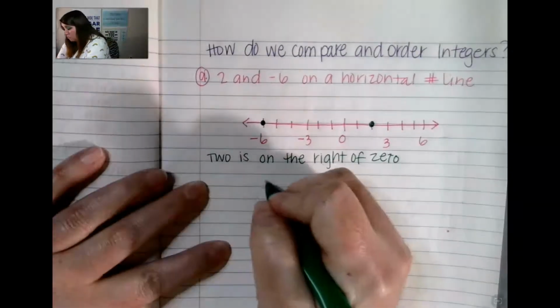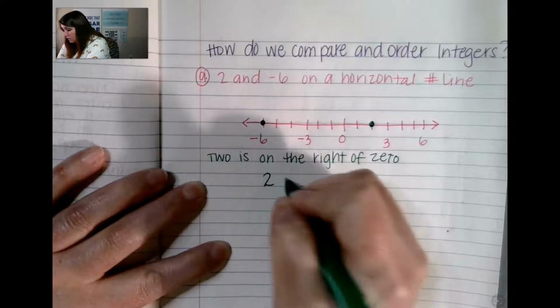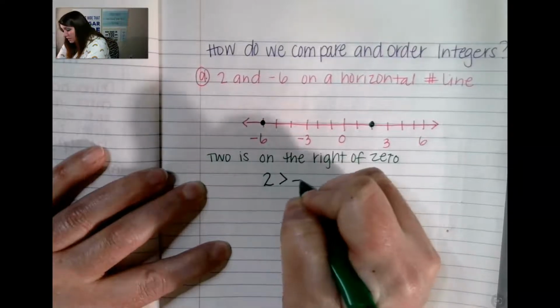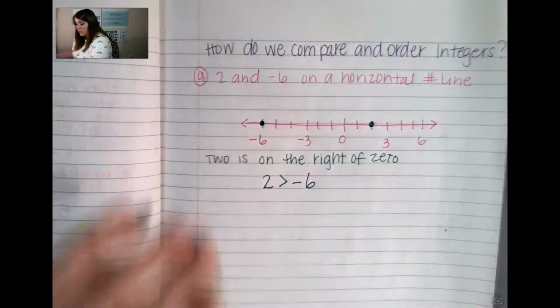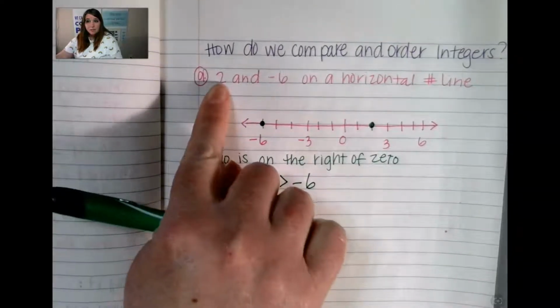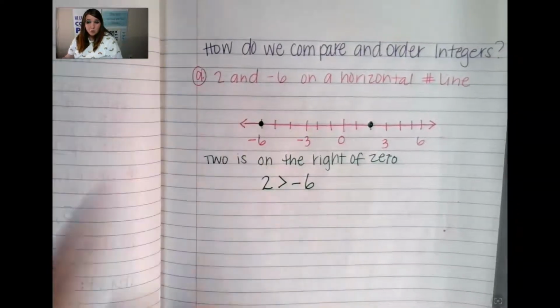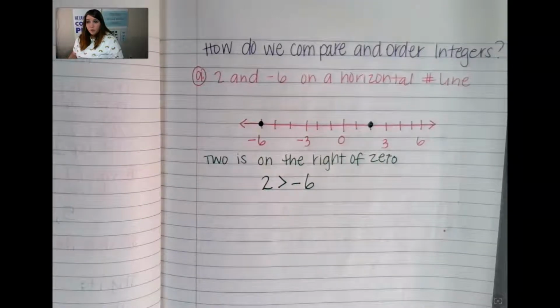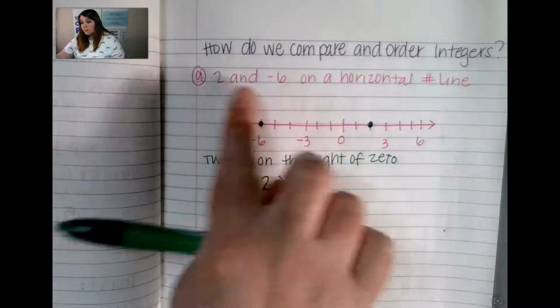So we would write it like this: 2 is greater than -6. And we would write the 2 first because it asked us to compare the 2 first. You could write this the other way and say -6 is less than 2.